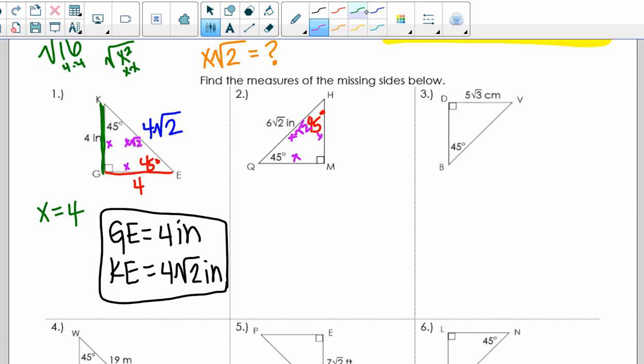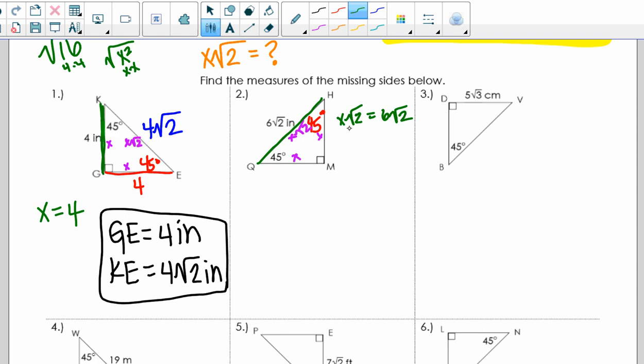The side I'm given this time is the hypotenuse, so that tells me that x radical 2 is equal to 6 radical 2. Your goal in all of these, and especially for the next lesson when we do 30-60-90s, is to solve for x. If you can solve for x, you can find all of the sides. In this case, it's a little easier. The next one will be a little more involved.